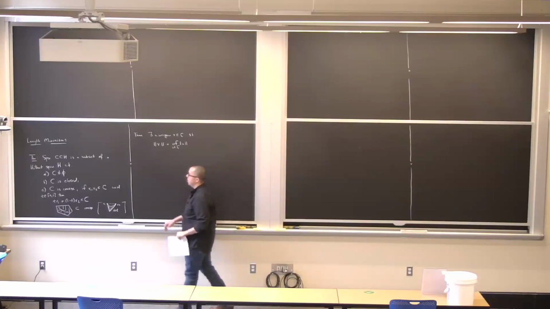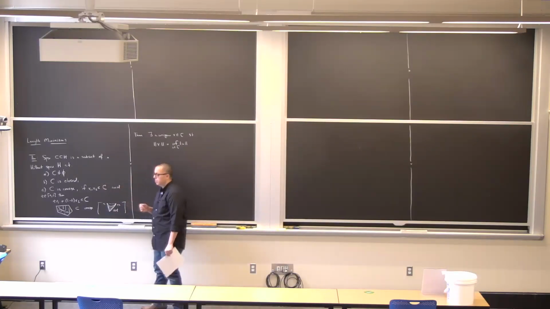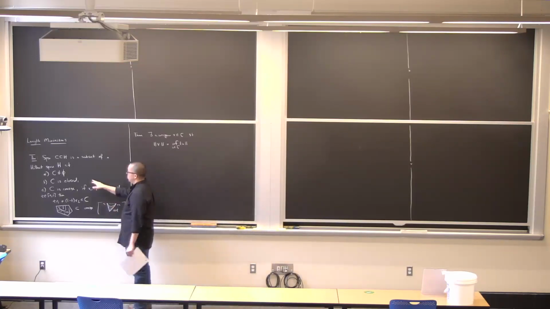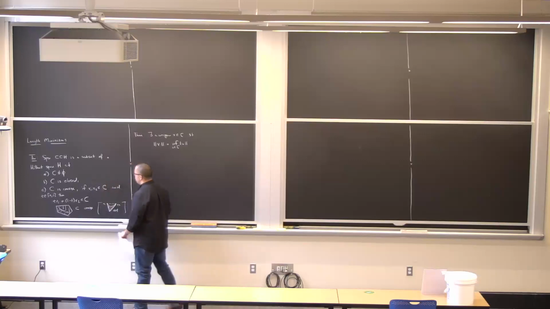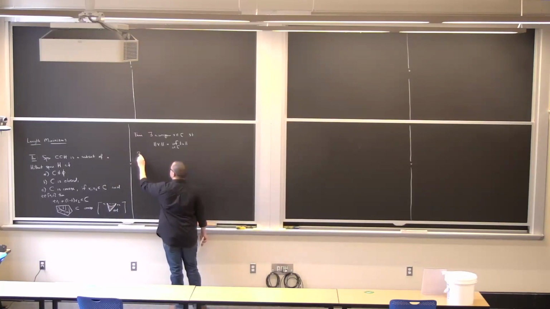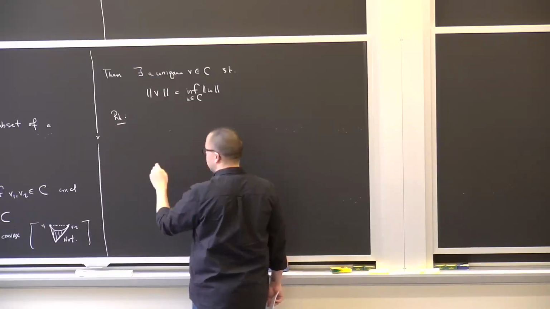Okay? So, of course, I encourage you to think about if I drop either of these conditions, whether or not this theorem remains true. Okay? So it's clear you cannot drop C being closed. This is just a remark: you cannot drop the condition that C is closed.